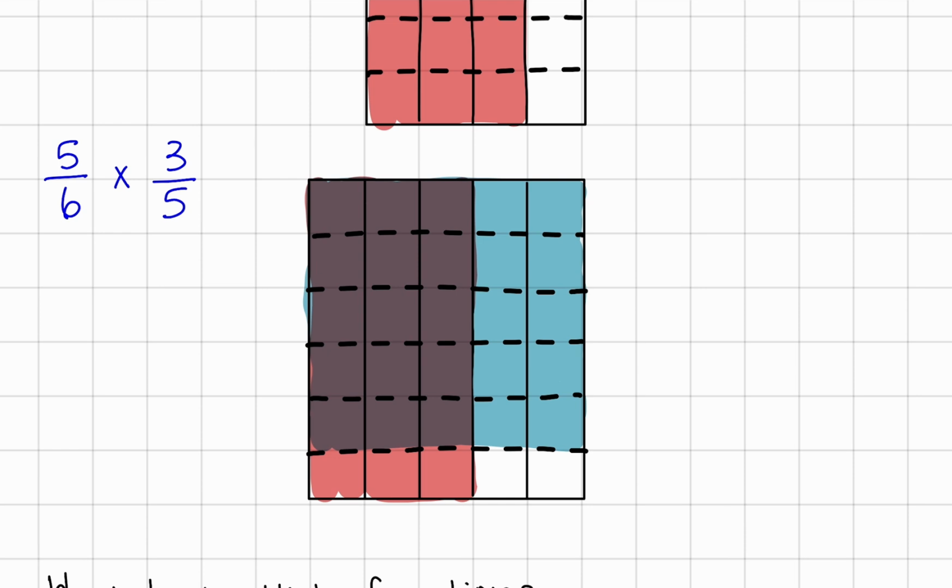So 5 of those 6, we broke our model into 30 pieces, and we have colored 1, 2, 3, 4, 5, 6, 7, 8, 9, 10, 11, 12, 13, 14, 15. We could have counted, but we could also see that 5 times 3 is 15. 15 30ths, which is 1/2.